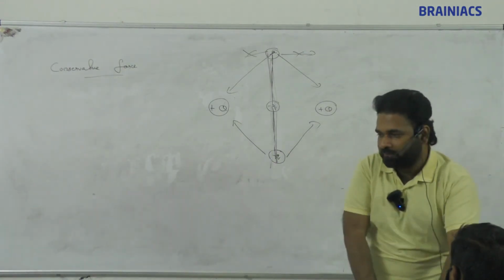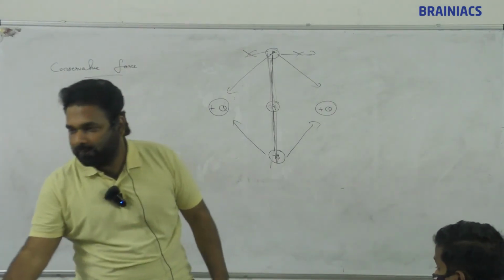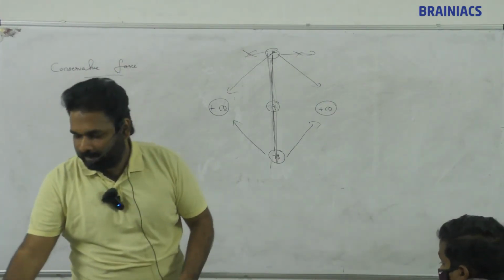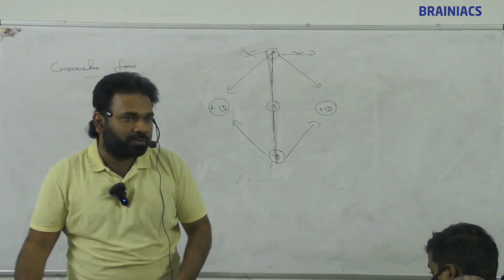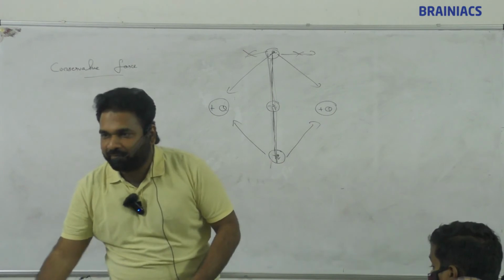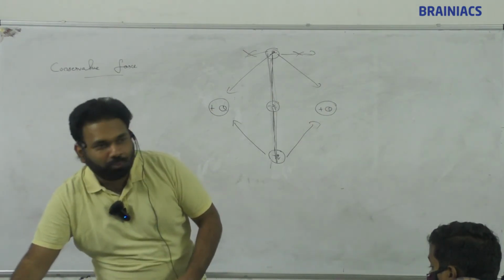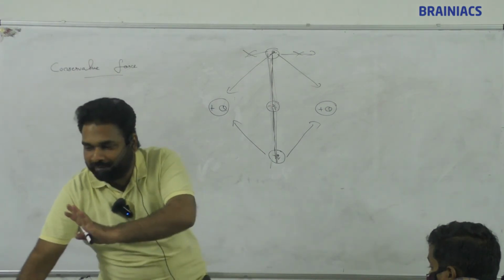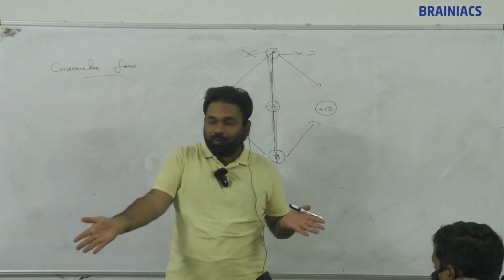Now frictional force. All of you please look here. It is kept here, and I am going to do work against frictional force, on a very rough area. Doing work against frictional force, I am going to leave it. Did it go back or not? It is not going back.